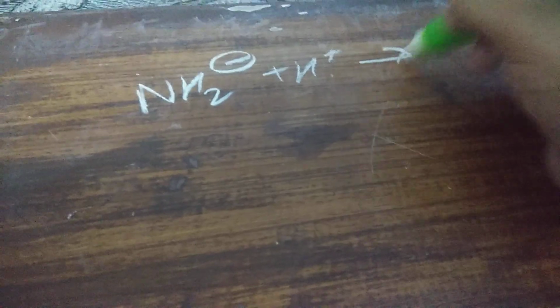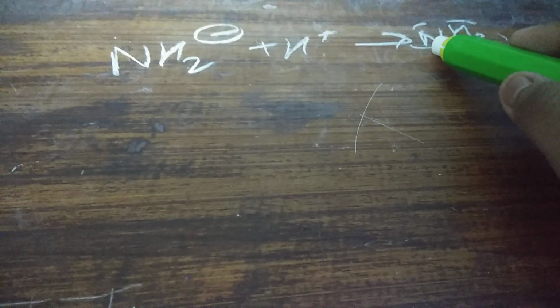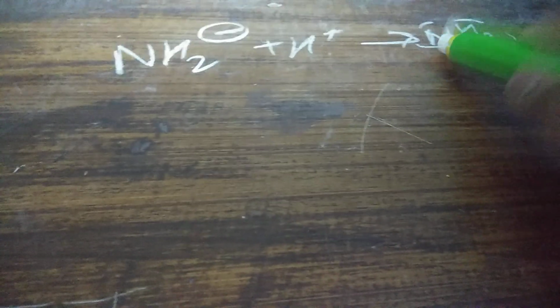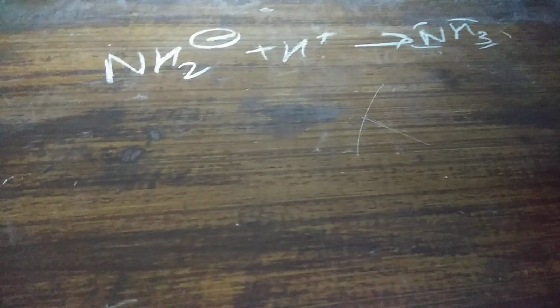NH2 minus plus H plus gives NH3, so NH3 is its conjugate acid. Now the stability of the conjugate acid is directly proportional to basic strength, and NH3 is very stable. That's why NH2 minus is a very strong base.